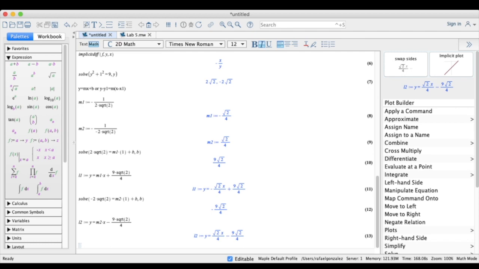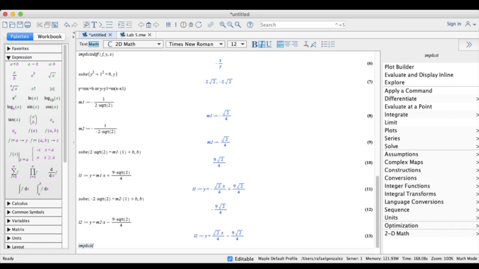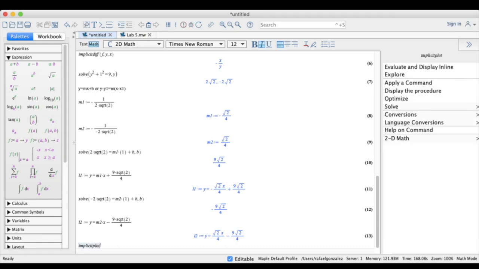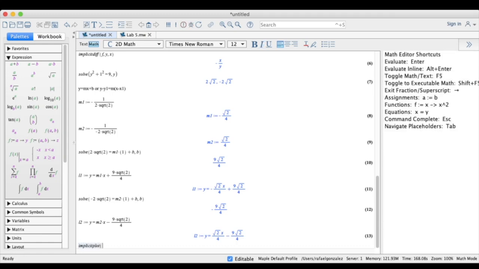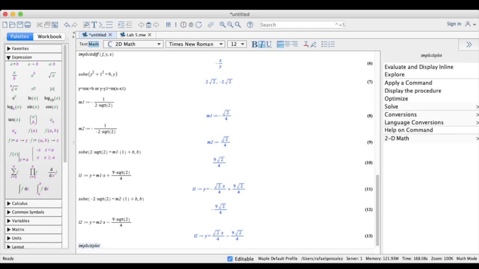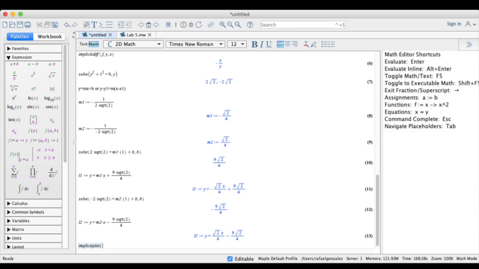Okay? So now to plot both of these lines with the original equation all on the same picture, we are once again using implicit plot. But now to graph, we will use square brackets to put all three equations on the same graph. Now, when we use a regular plot, we use squarely brackets. Keep that in mind.